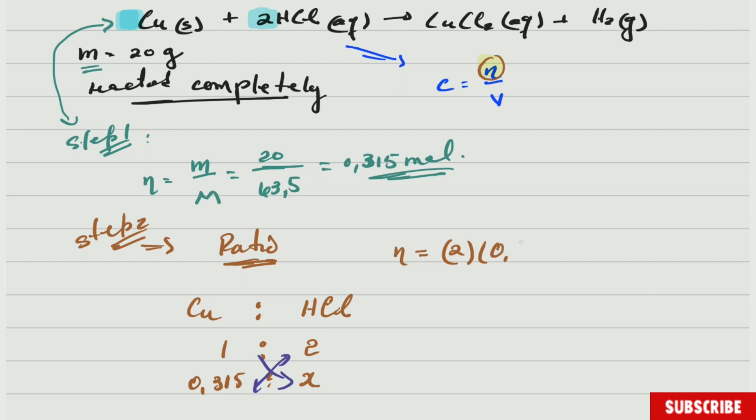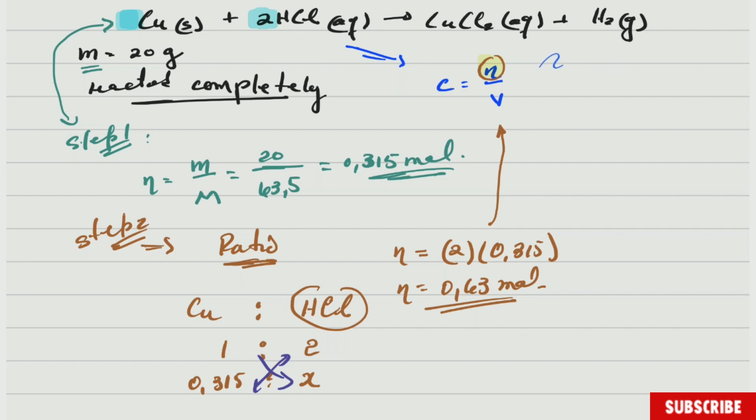This number is the one we got. Number of mole is equal to 0.63 mole. This is the number of mole of hydrochloric acid. This one is what we're looking for there.